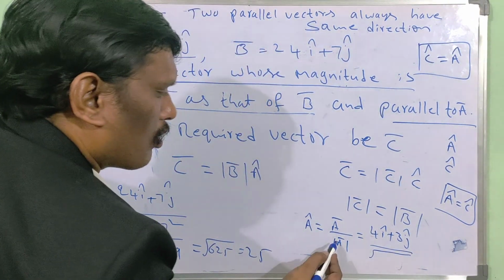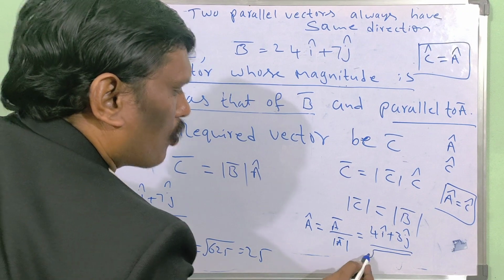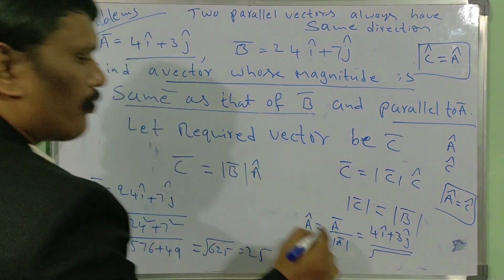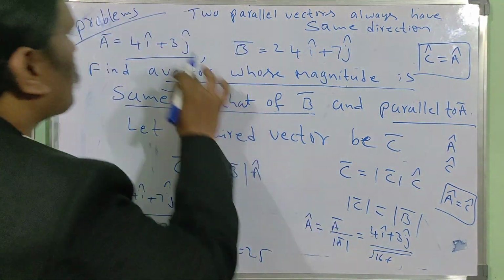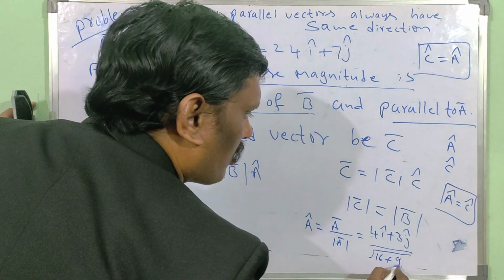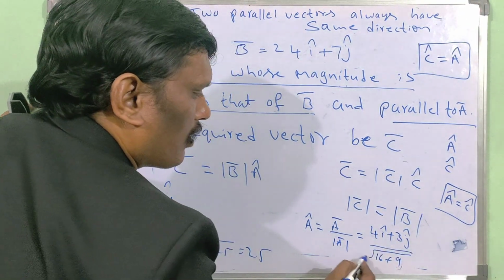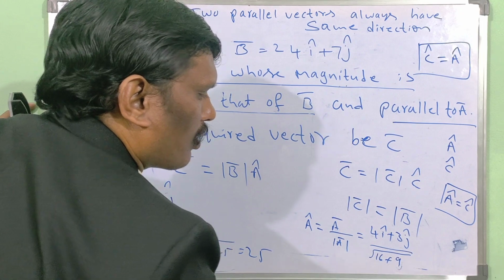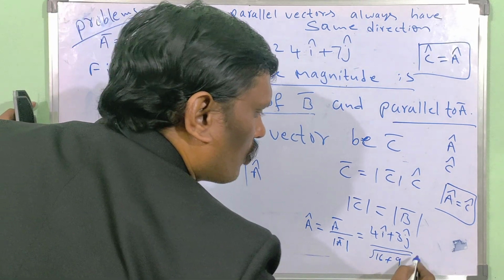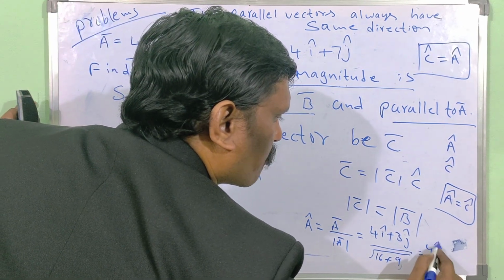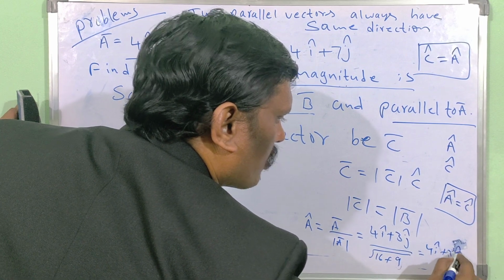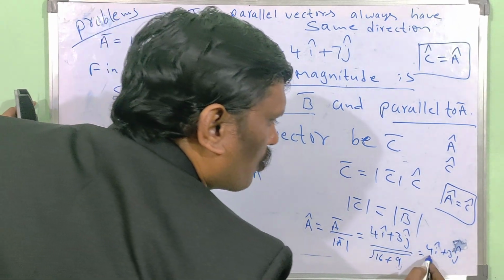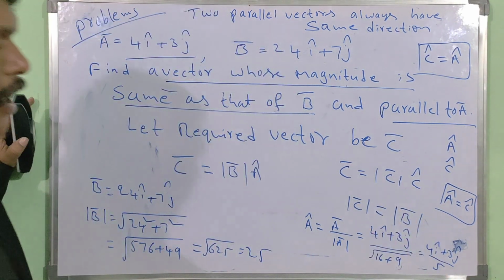It is the magnitude of A bar: root of 4 square, 16, plus 3 square, 9. Root 16 plus 9, root 25. Root 25 means 5. This is the A cap.